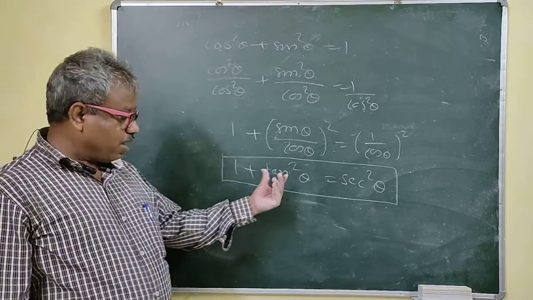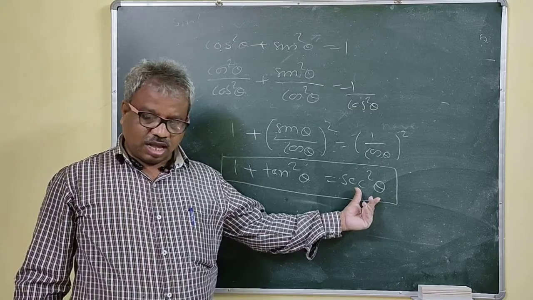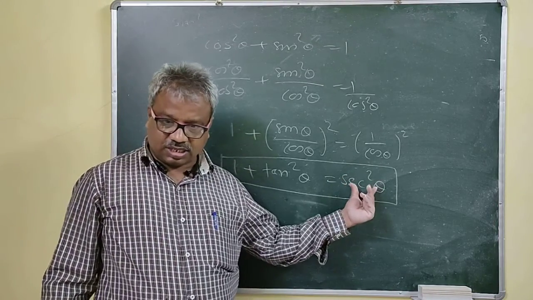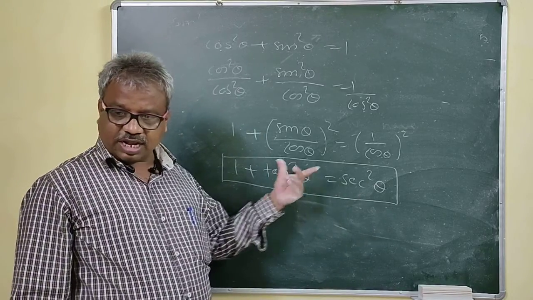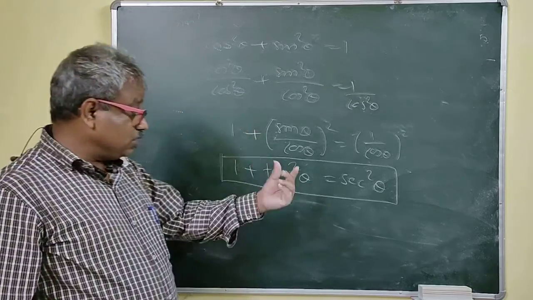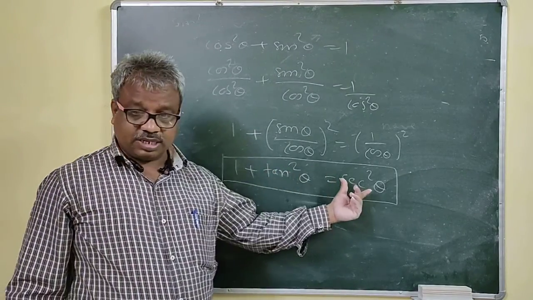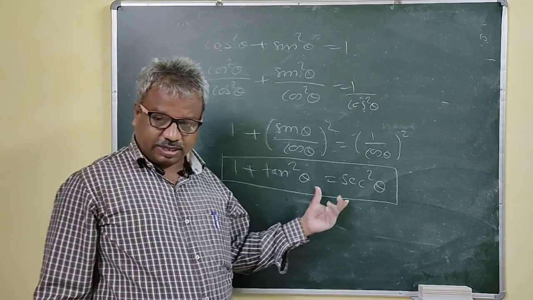If you have the value of tan theta, you can obtain the value of sec theta, and once we get sec theta we get cos theta, right? So this is the relation between tan theta and sec theta. This is a very important fundamental identity.